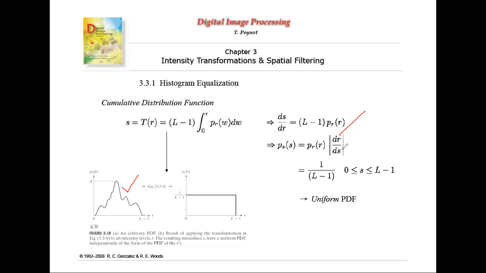If you somehow nullify the effect by dividing them with a normalized one, by their impact, probably you can have a PDF, something like this, a uniform PDF.